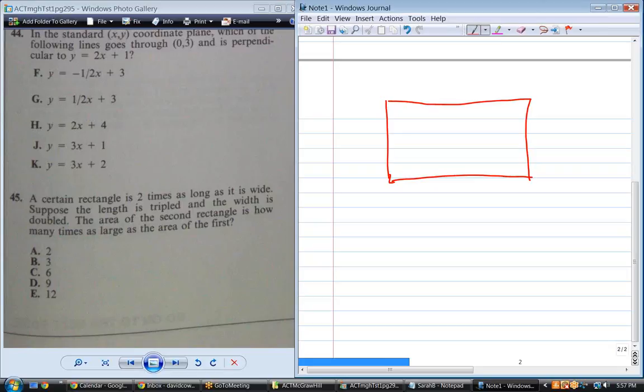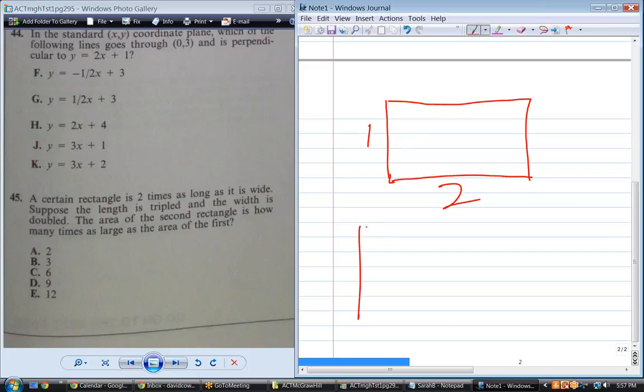I love that idea. I just did this problem earlier today, and I did it completely algebraically. But I like your suggestion better, actually. So give me some random numbers for width and height. So 2 times as long as it is wide. So the width could be 1, if you want to keep it low, and then the length could be 2.